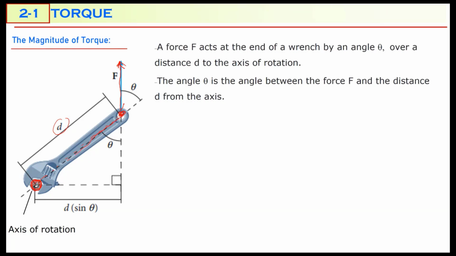This is the distance from force to axis of rotation, and there is an angle between the force and distance, which is represented by theta. So the angle theta is the angle between the force and the distance line.